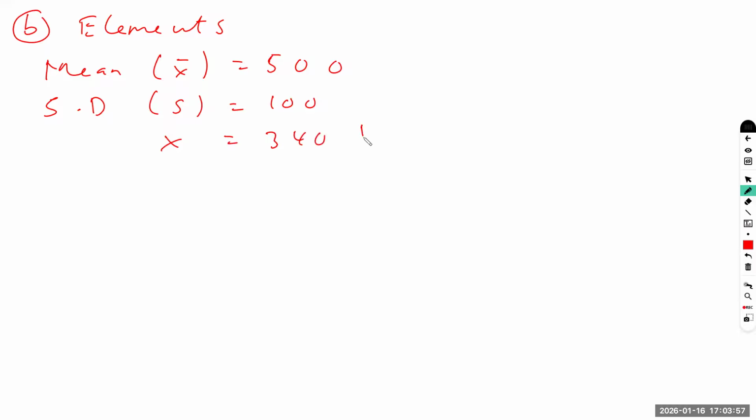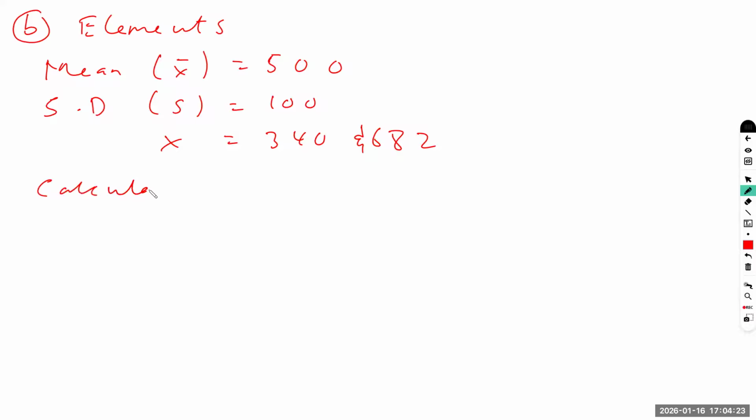Do you know where we are getting the 340 and 682? They are from the question. When you read part B, the X values we are looking for are 340 and 682, and the mean, 500, and the standard deviation are also from the question.